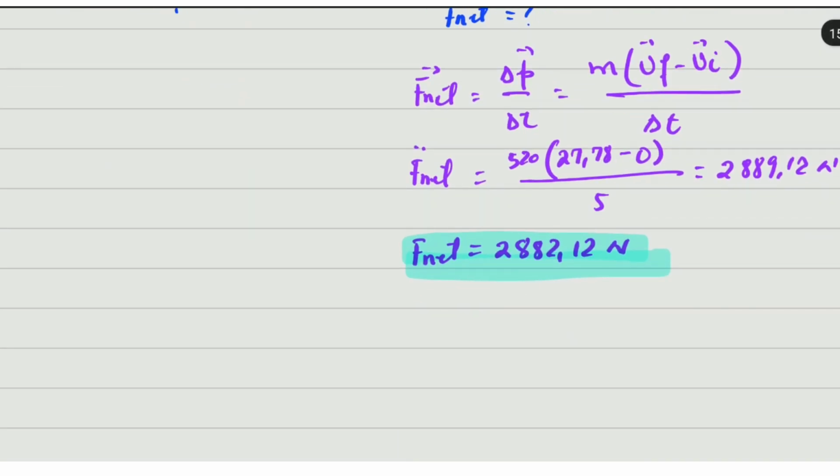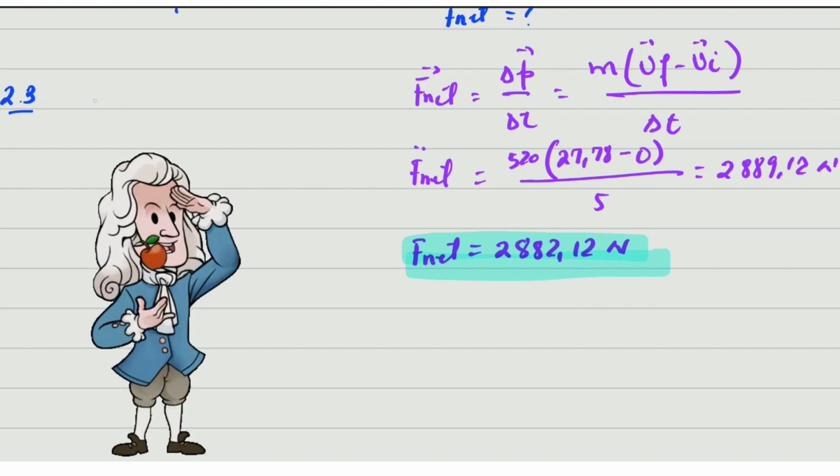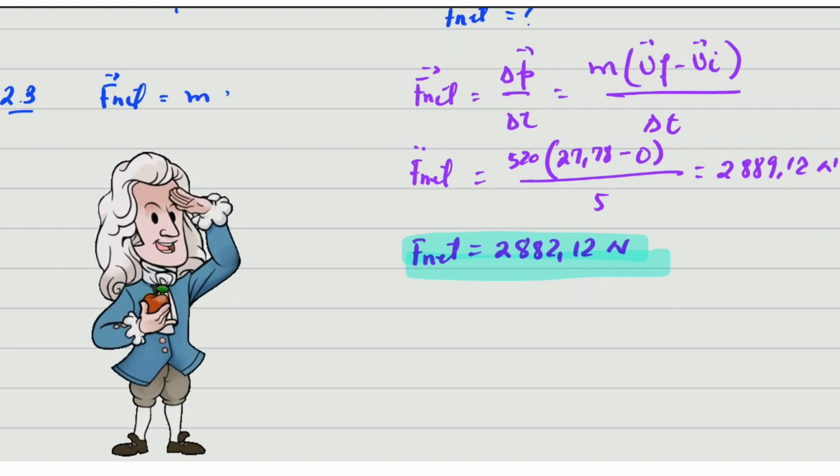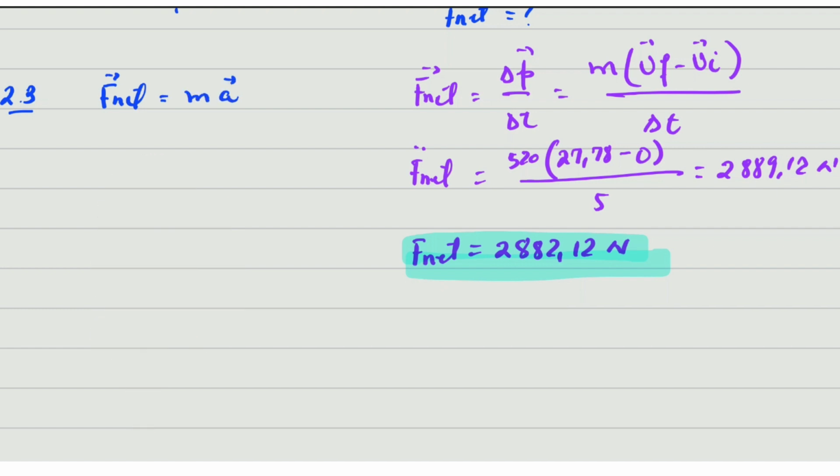So 2.3, we're going to do it on this side here. They're asking you to calculate the acceleration of the object applying Newton's law of motion. We're going to use Newton's second law. We say that the net force is equal to the product of mass and acceleration of the object.